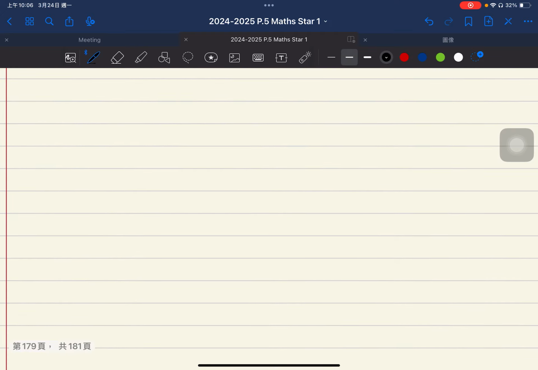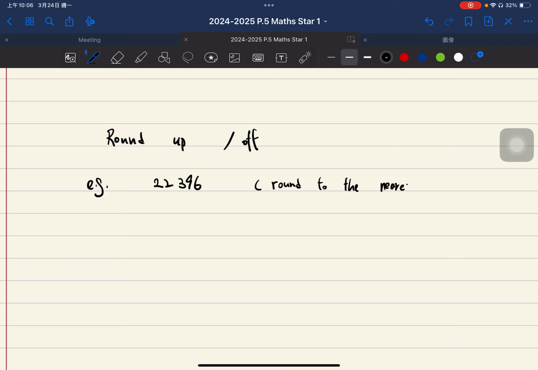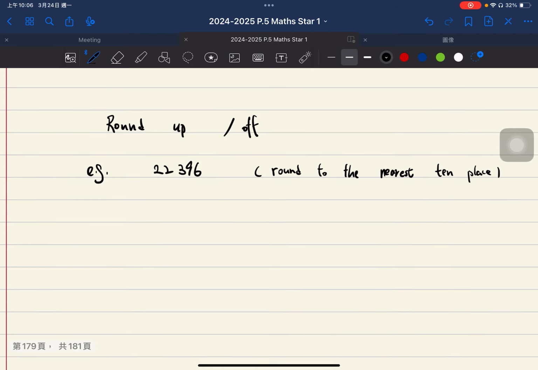Before, when we were learning about large numbers, we learned rounding up and rounding off. For example, let's say 22,396. If we would like to round it to the nearest tenth place, what will we do?